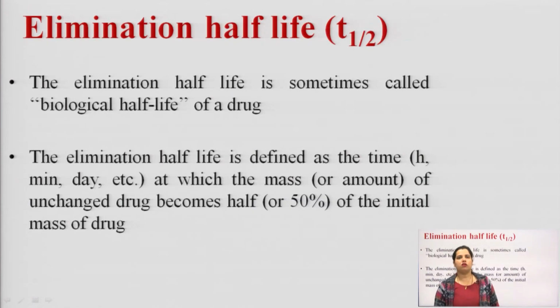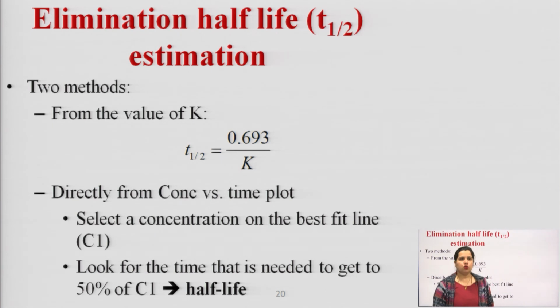Elimination half life is sometimes called biological half life. The elimination half life is defined as the time, hour, minute, day, etc., at which the mass or amount of unchanged drug becomes half of its initial value, that is also known as T half. So, two methods can be used to calculate the value of T half. Every parameter is interlinked. If you identify one, you can calculate another one.